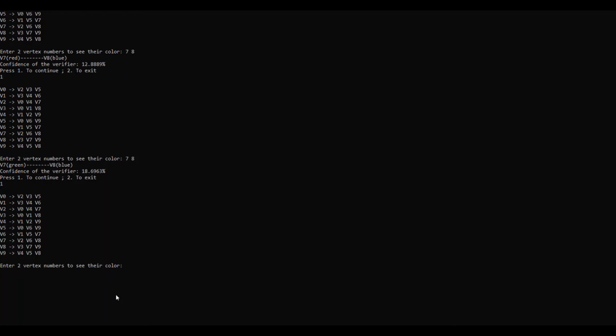It always approaches 100 but never quite becomes 100%. And in this particular graph where we have actually taken the two prime numbers correctly, the verifier will never be able to find two adjacent vertices of the same color because it is a true three colorable graph.